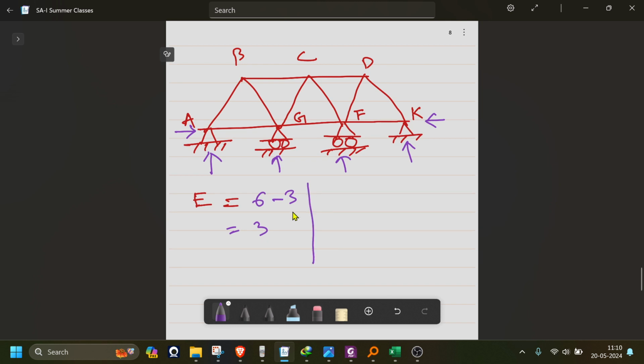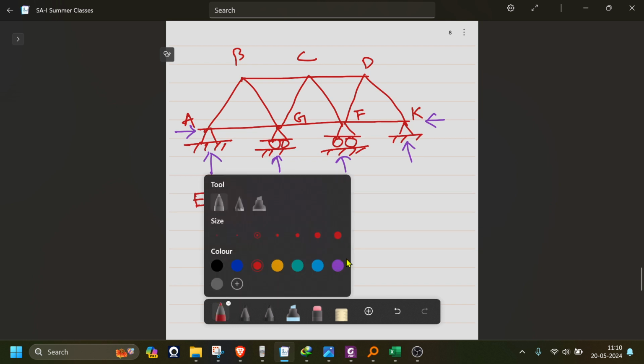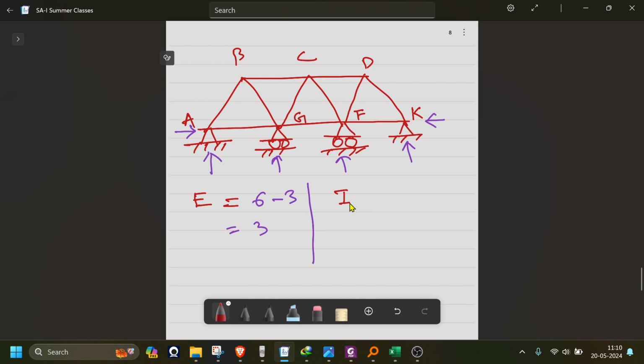So what will be the internal indeterminacy? I equals m plus r minus 2j, right?